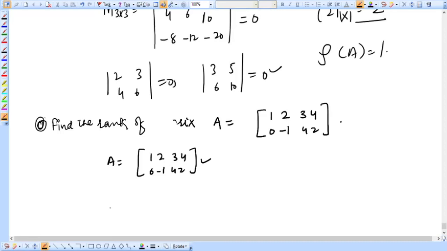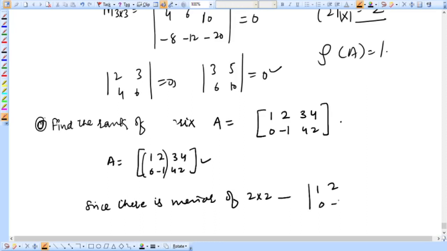So see here, the first 2 by 2 minor is 1 2, 0 minus 1, which is equal to minus 1 minus 0, which is minus 1, which is not equal to 0.